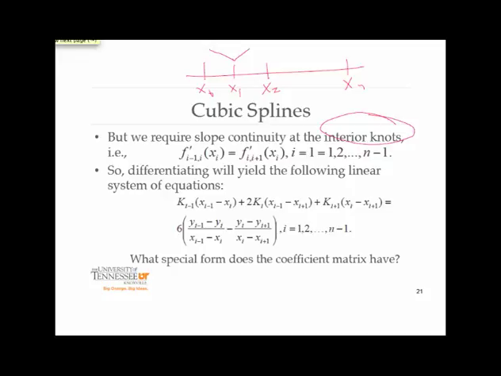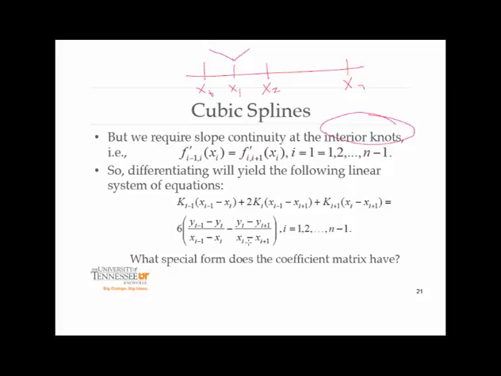If we do that, you would actually get a linear system that would look something like what is defined here. You would get a constraint that involves the k's on the left-hand side of the equal signs, and then all these terms on the right which involve your x and y coordinates.